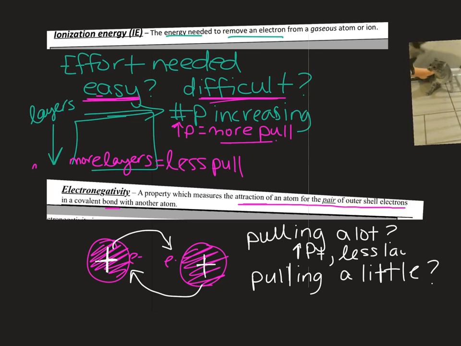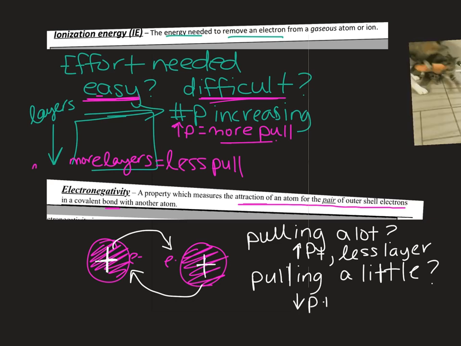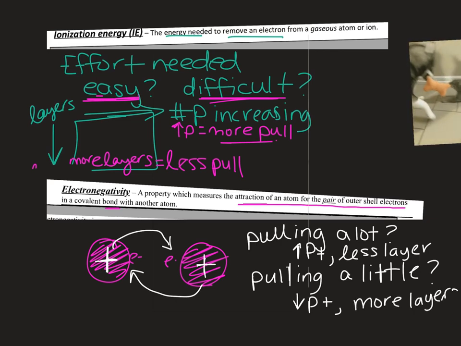Because once again, we want those protons in the nucleus to be able to contact those electrons very easily. So we don't want layers blocking that, and we want a lot of protons to pull in like a magnet. Now, for pulling a little, you're going to have fewer protons if we're looking across the periodic table, and we're going to have more layers.